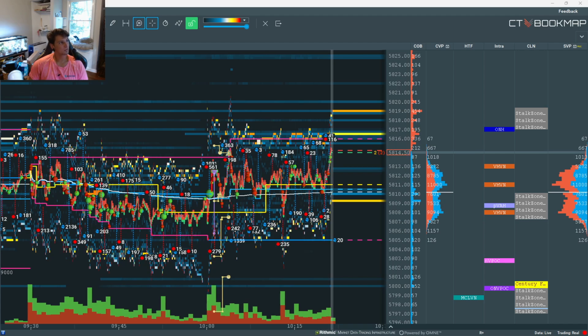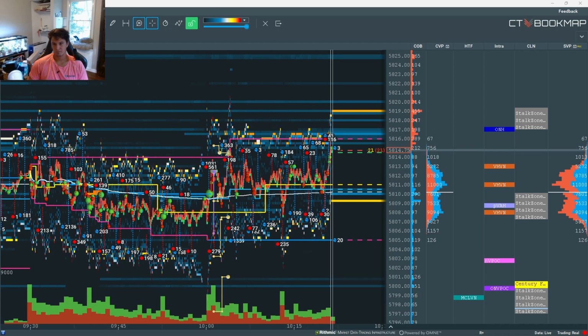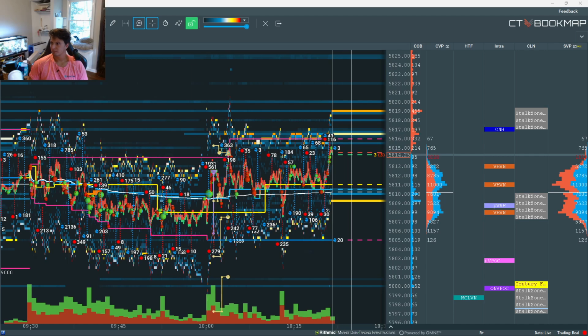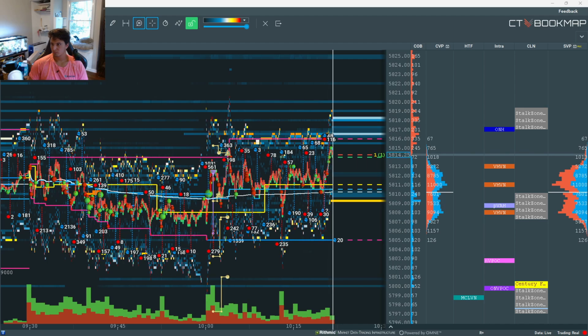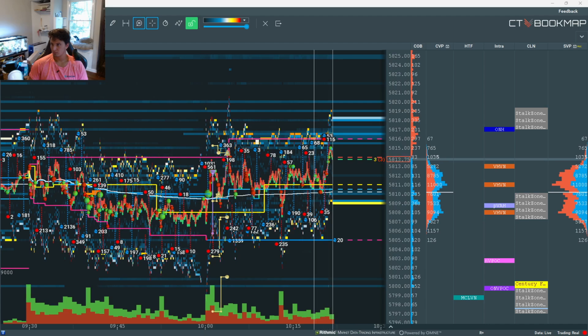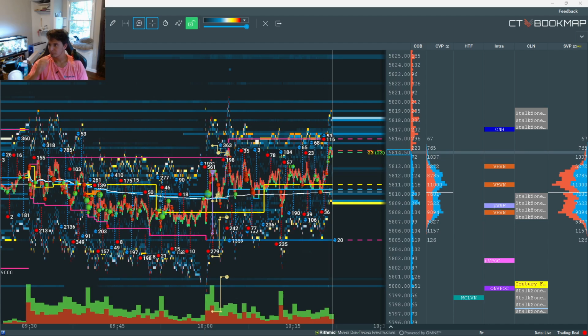Look for a potential short. That's my plan as of now.